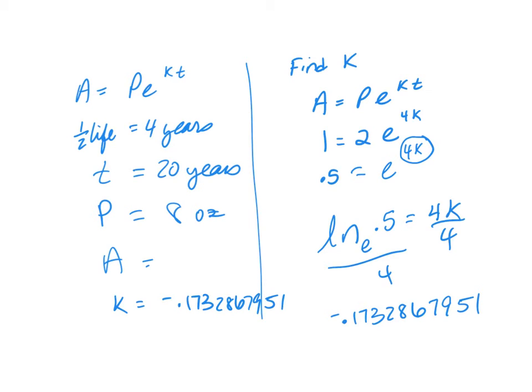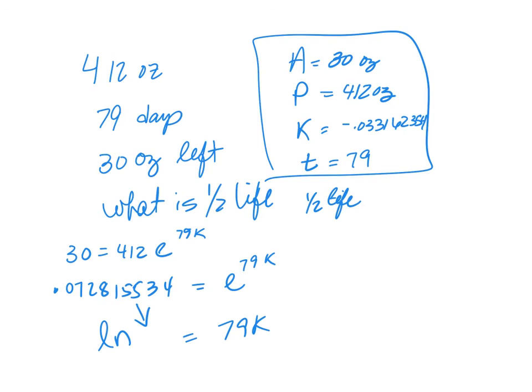And now I'm going to put it in this formula here. So we do A equals 8 times e to that number times 4. Just found the half-life. You get that?